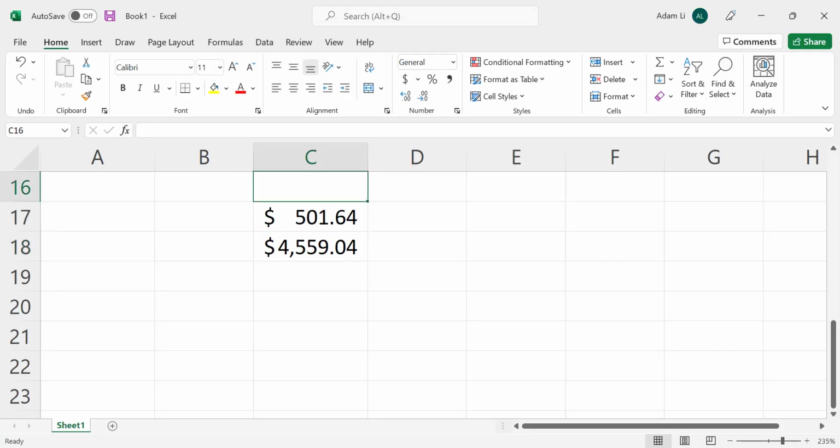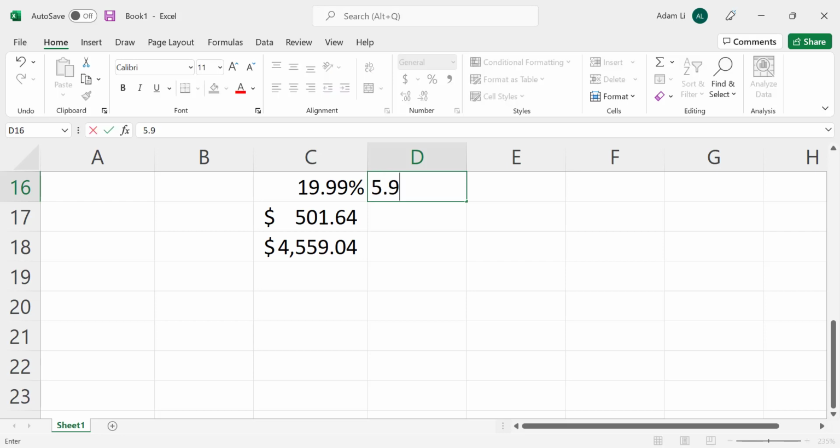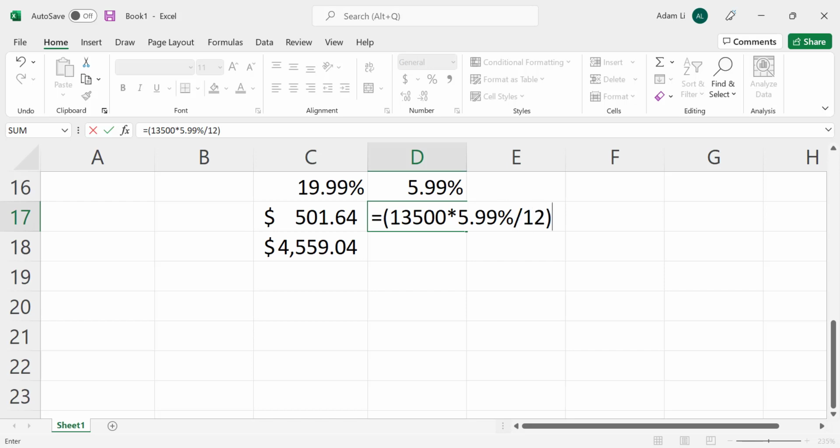So this was 19.99%. Right now we're looking at 5.9%. So it's 13,500 multiplied by 5.9% over 12, divided by 1 minus 1 plus 5.9% over 12 raised to negative 36 power.